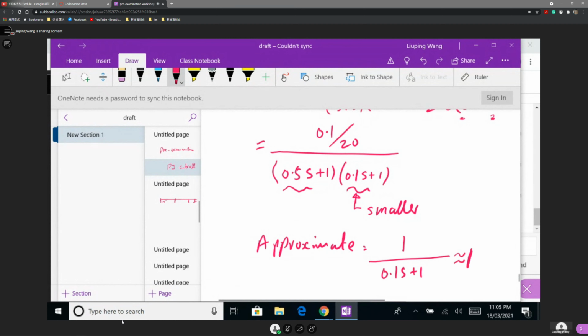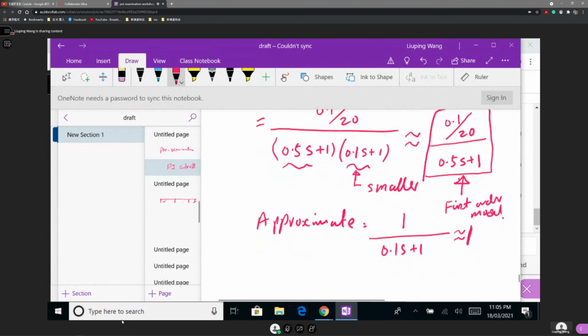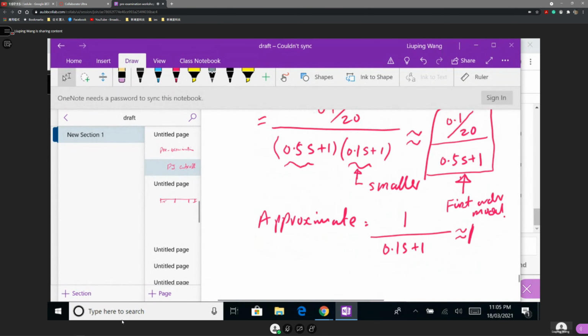Okay, so if I approximate that equal to 1, then this guy is going to be approximated as 0.1 divided by 20, and then 0.5 s plus 1, like that. Okay, so now I got my first order model. So then I can design a PI controller for that.